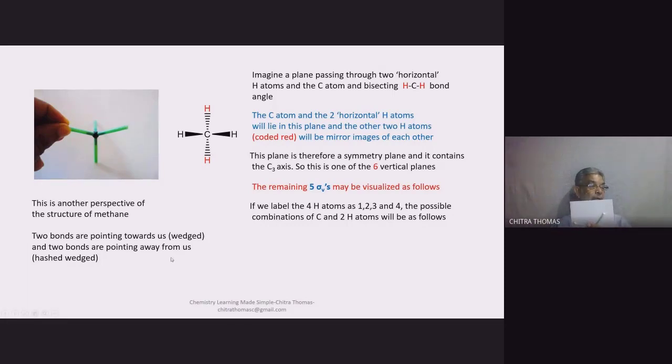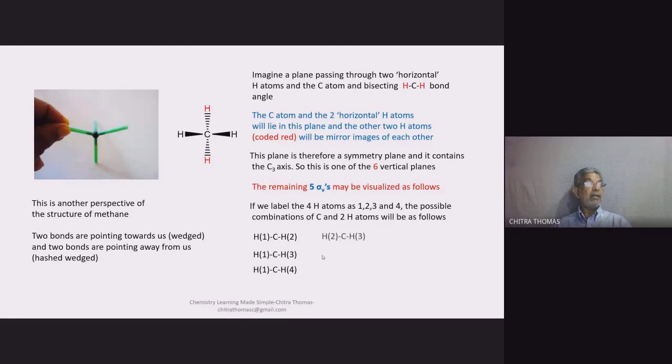I start with 1. Hydrogen 1, carbon and hydrogen 2. Then hydrogen 1, carbon, hydrogen 3. Then 1 and 4.